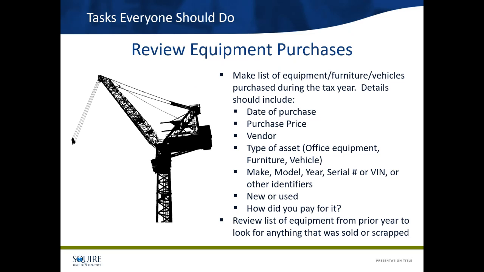So you're going to make a list of anything that you bought during the year. And we put on here the things that you want to include. It's obvious, the date of purchase, the purchase price, the vendor, what type of asset it was, so we can put it in the right bucket.